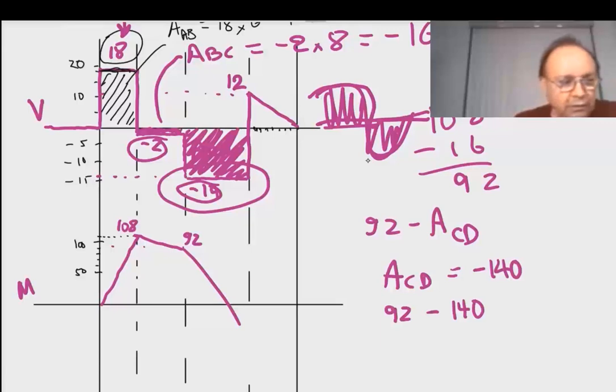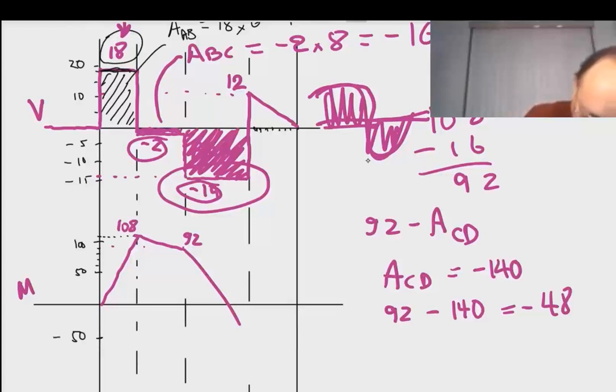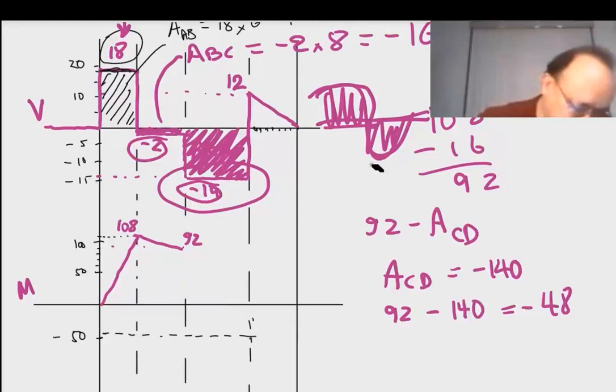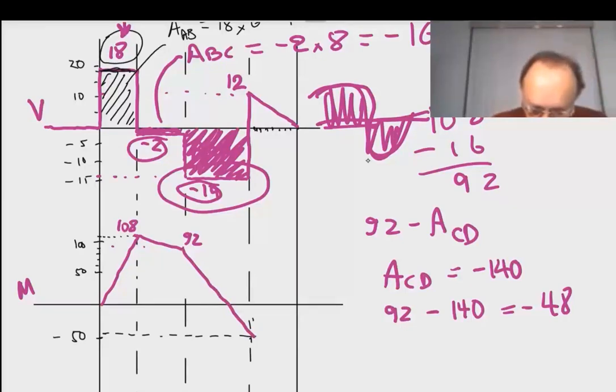Negative 48. So if I have my scale here, this is 50, so 48 will be something over here. Okay, so it will be over here. So we will have a straight line like this, and here we get minus 48.